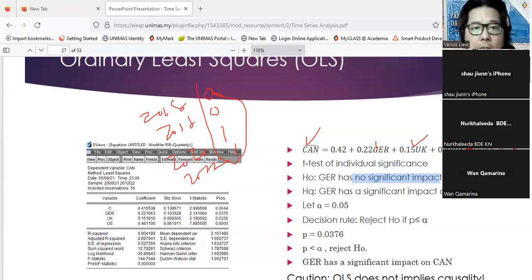Sometimes your dummy variable has more than two classifications. For example, we have discussed in other topics about the Likert scale. There is one type which is called fully anchored: 1, 2, 3, 4, 5, with a definition for each of the scale.